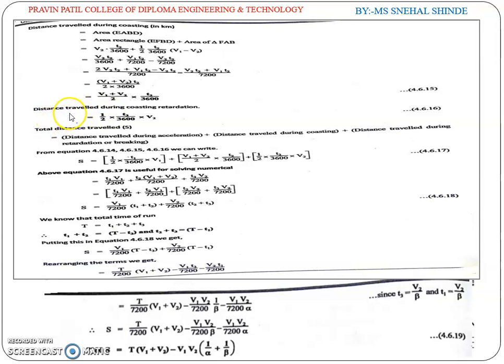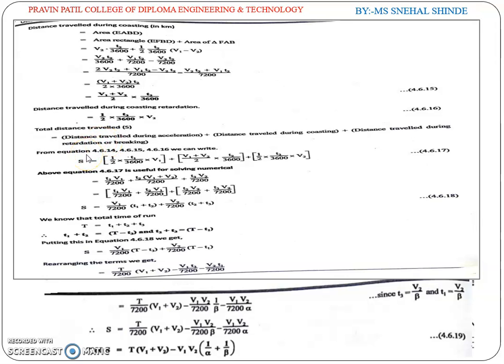Now the distance travelled during braking retardation is half into T3 divided by 3600 into V2. The total distance travelled, denoted by S, is given by the distance travelled during acceleration plus the distance travelled during coasting plus the distance travelled during the retardation or braking.